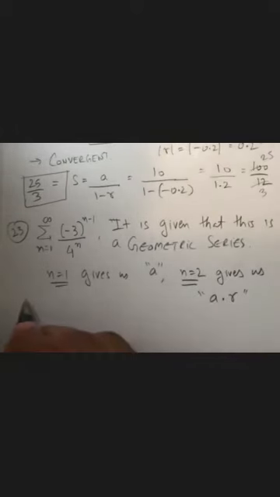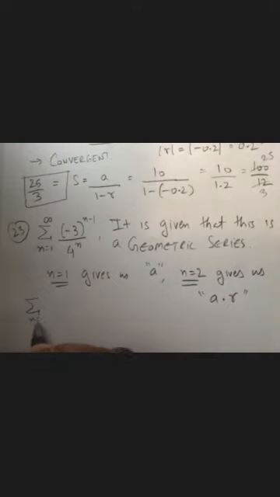Because for a geometric series, if n is 1, we get a. When n is 2, we get ar.